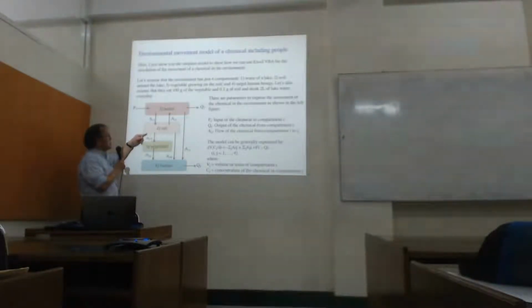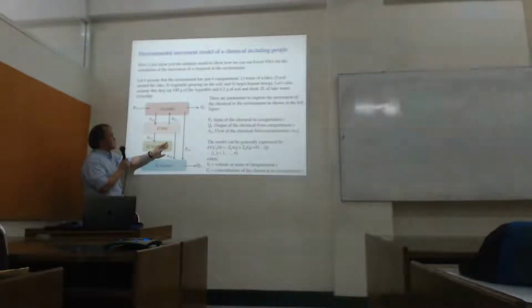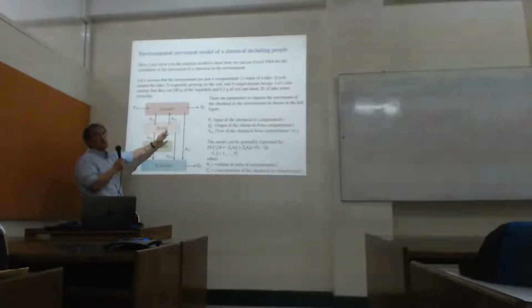And A23 is from soil to vegetables. It means vegetables absorb the pollutant in soil. So this is the flow rate of the pollutant from soil to vegetables. Now we don't assume there is some movement of pollutant from vegetable to soil.